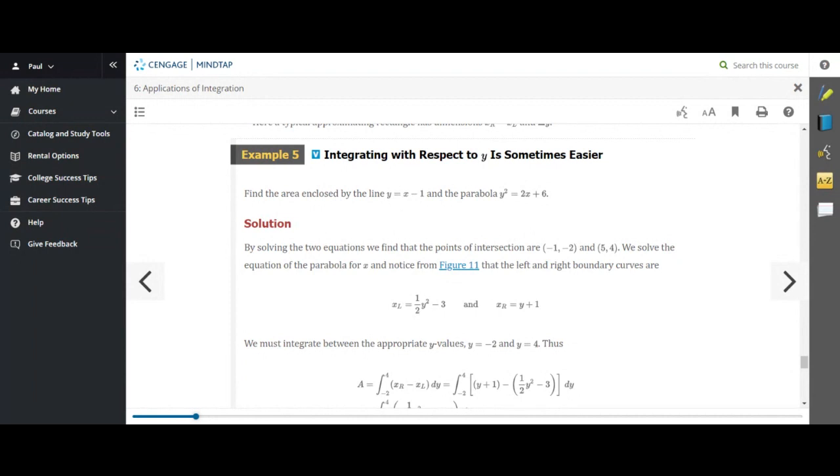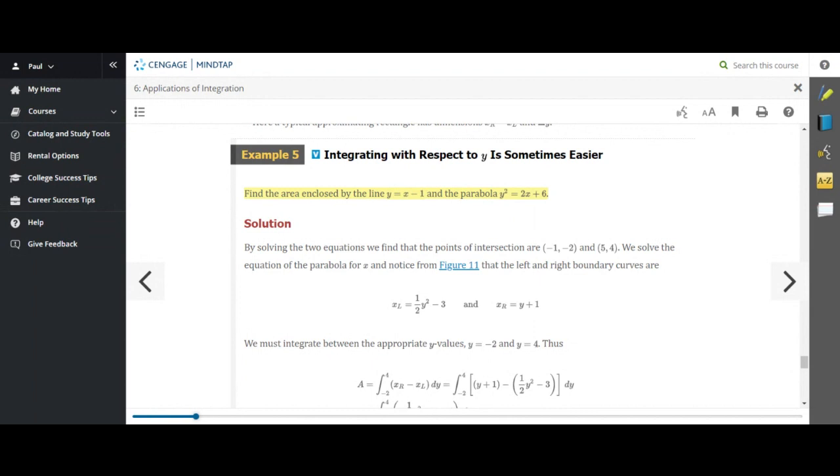Okay, so here they want you to find the area enclosed by the line y equals x minus 1 and the parabola y squared equals 2x plus 6.